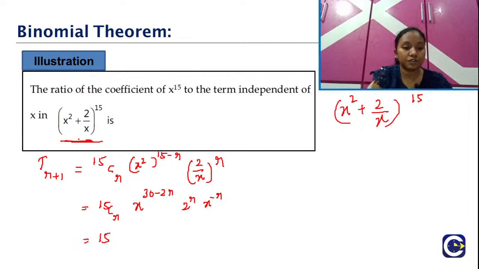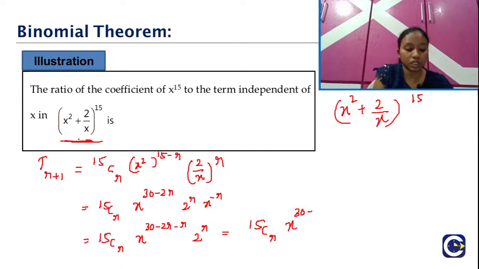That means 15 C r, x power 30 minus 2r minus r, 2 power r, which means the power of x in the general term turns out to be 30 minus 3r. Now we have to find the coefficient of x power 15. That means this power should be equal to 15. Then accordingly, what will be the r value?